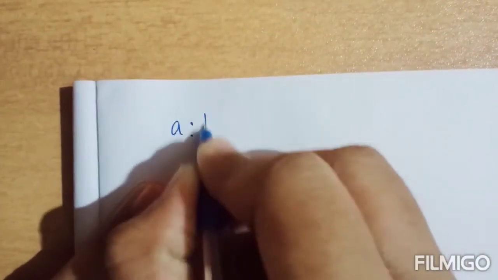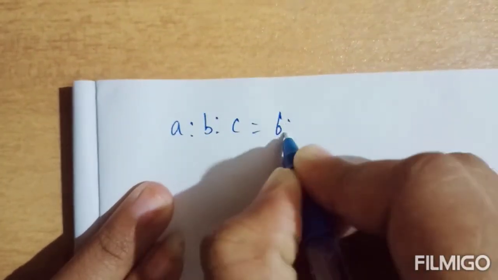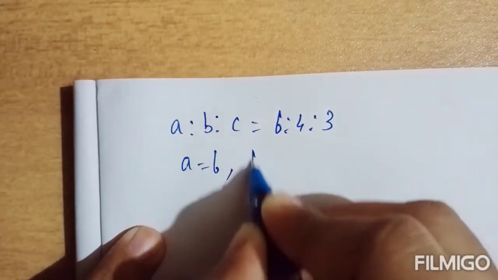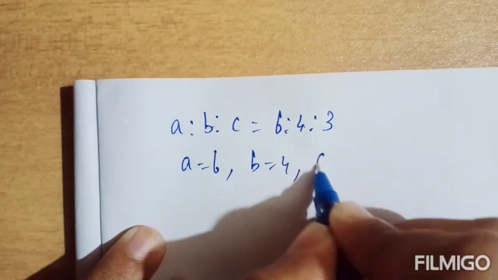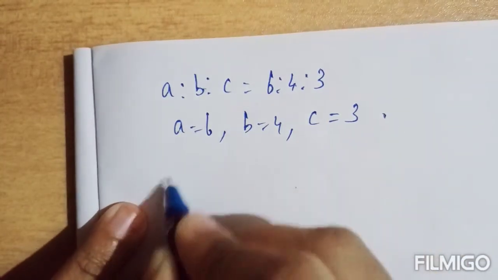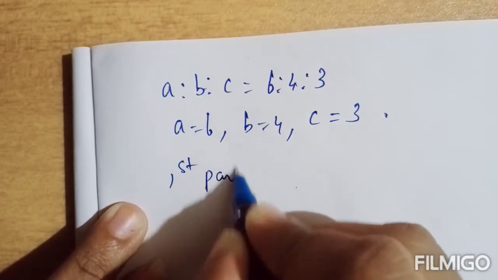So A value you can take it as 6. A is to B is to C equal to 6 is to 4 is to 3. So A equal to 6 and B equal to 4, C equal to 3. Okay, now you can find the first part.